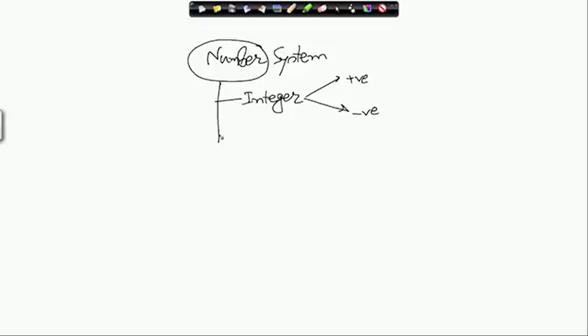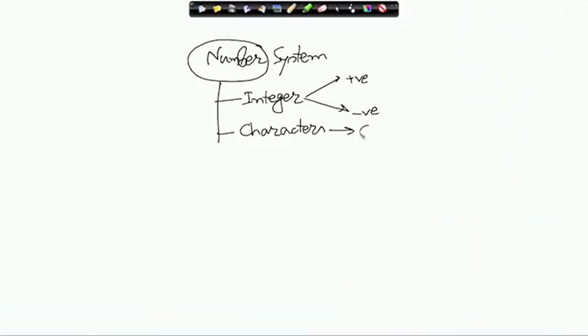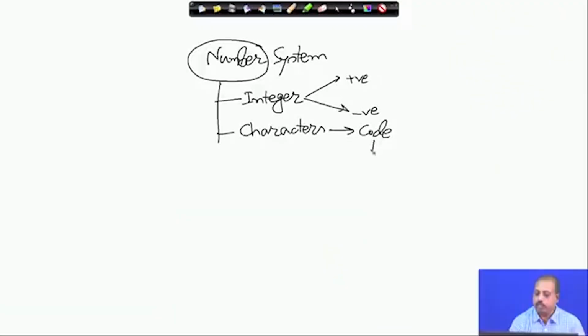Similarly, we have characters, which are used for storing character strings, like the name of a person, an address and so on. Characters are also stored by means of some code, and there is a very popular code that you may be familiar with, known as ASCII code, where each character is given some integer code.